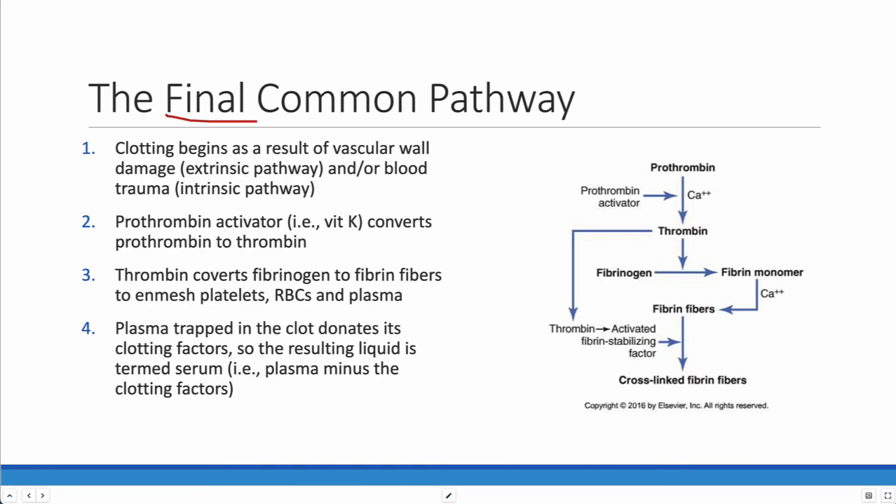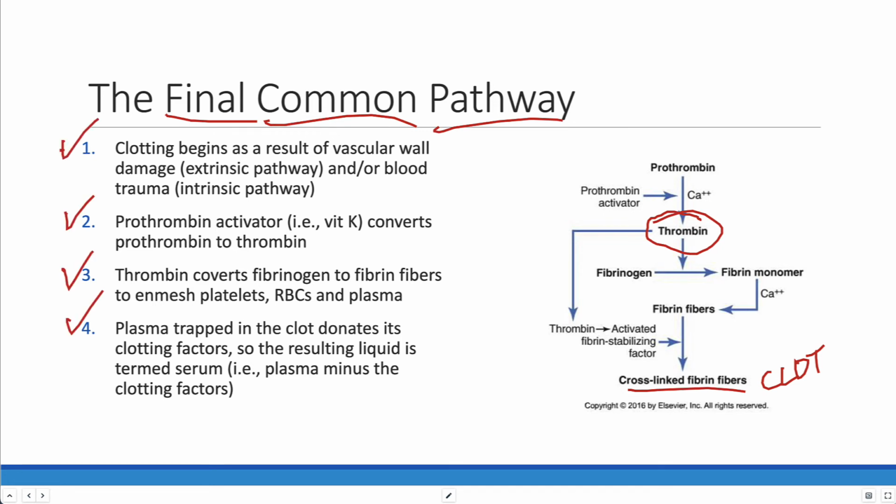The final common pathway is where thrombin is produced, and those fibrin fibers get cross-linked and form a clot. Okay? And so here are the steps in that final common pathway, and you're welcome to memorize those if you like.